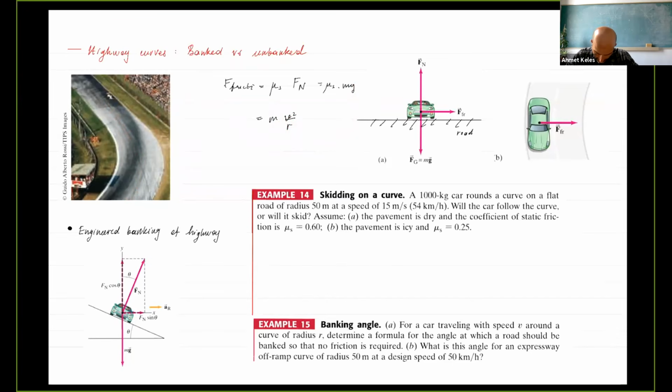Maybe I can show you an example to see how this works. Here's example 14. A 1,000-kilogram car runs a curve on a flat road of radius 50 meters at a speed of 15 meters per second. So the question is, will the car follow the curve or will it skid?